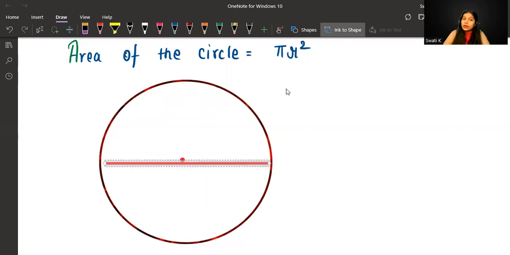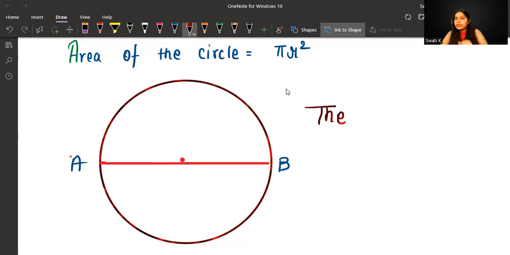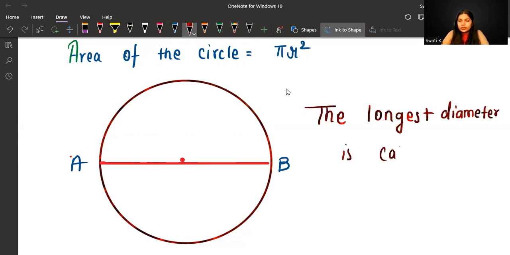That means it is a chord. But at the same time, it is a diameter as well. So there is one very interesting thing about the chord: the longest chord is the diameter. So the longest chord of the circle is the diameter.